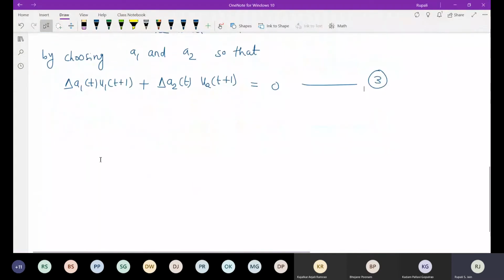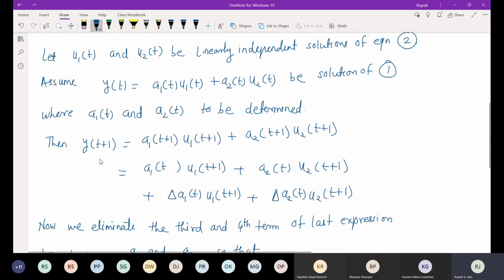Okay, so first equation we will get like this, then we will find what is y at t plus 2 also. Y at t plus 2 is nothing but a1 t plus 2 u1 t plus 2 plus a2 t plus 2 u2 t plus 2, right?